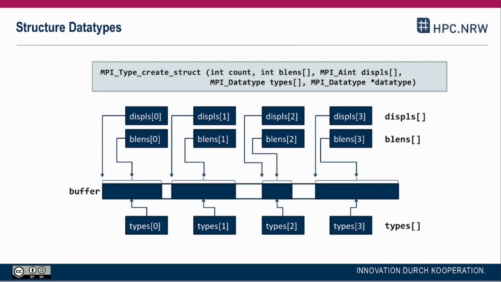Then the second one says, I start at displacement 1, I have a block length of 1 and the type 1, and so on. This is how those correspond to each other. And as we can see, at least from the width, the one on the third position is certainly different from the others. This could also be a long, and this could be a double, for example.